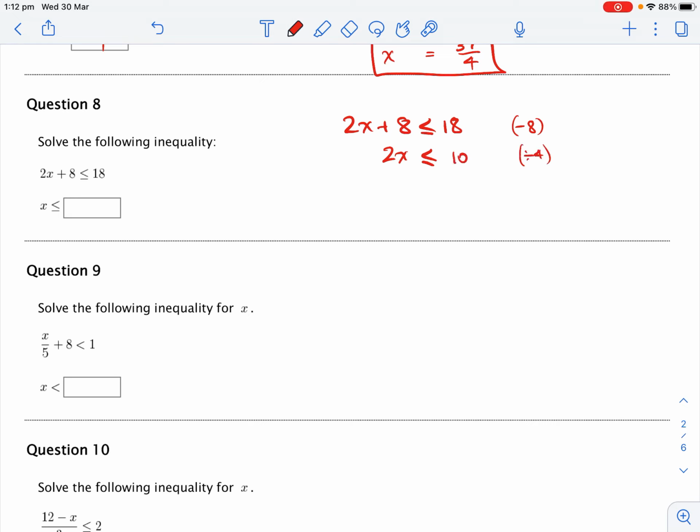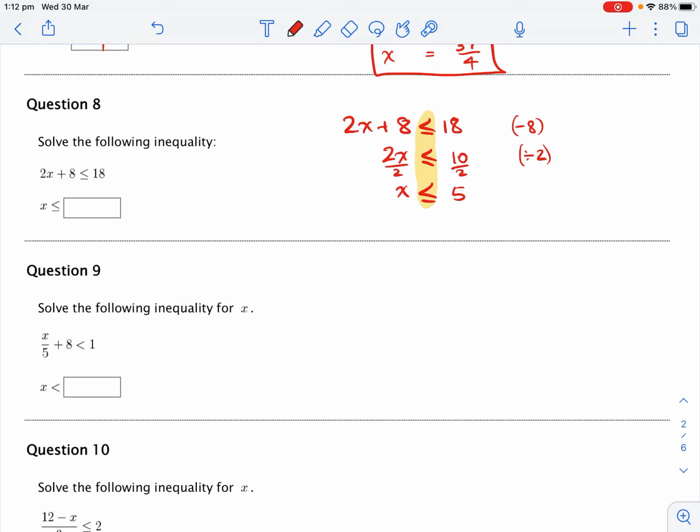And then I'm going to divide by 4. So, no, I'm not. I'm going to divide by 2. So if I divide this side by 2, divide this side by 2, I get x is less than or equal to 5. And because I didn't multiply or divide by a negative number at all, this less than or equal to sign just stays exactly the same. No need to change it.